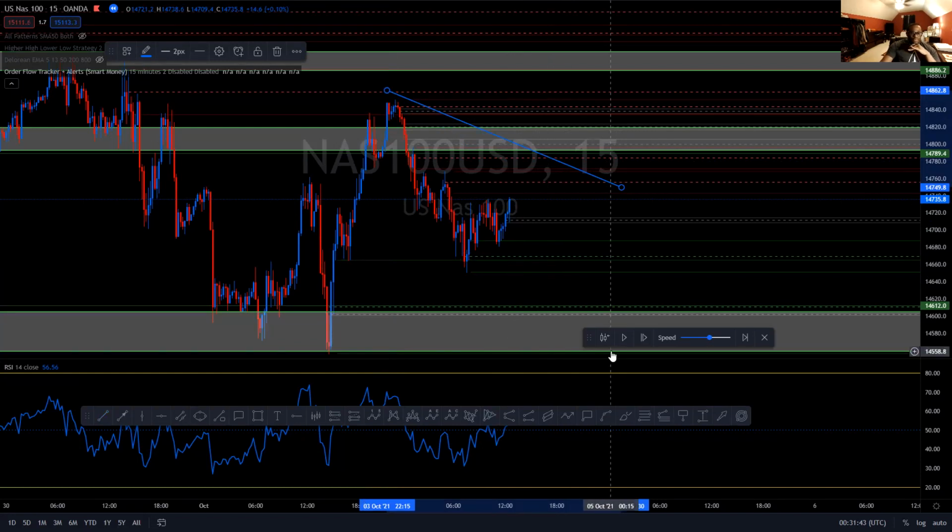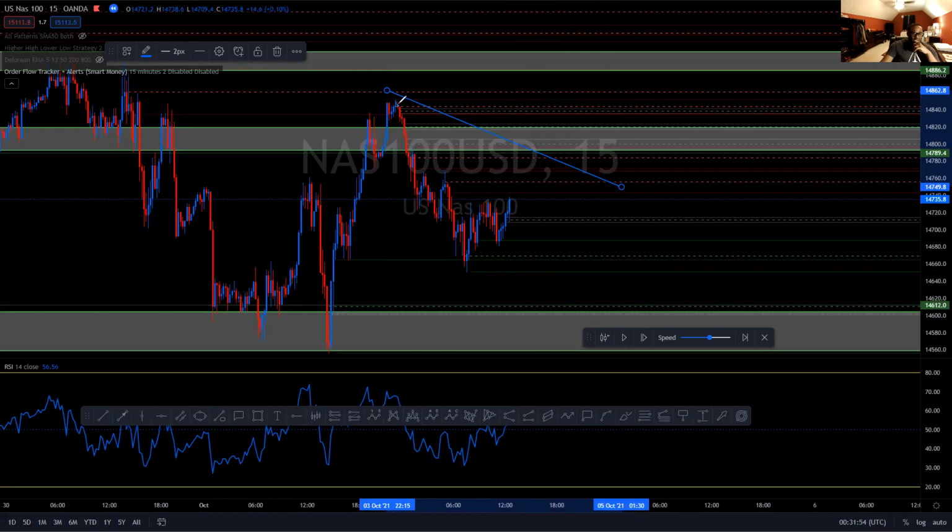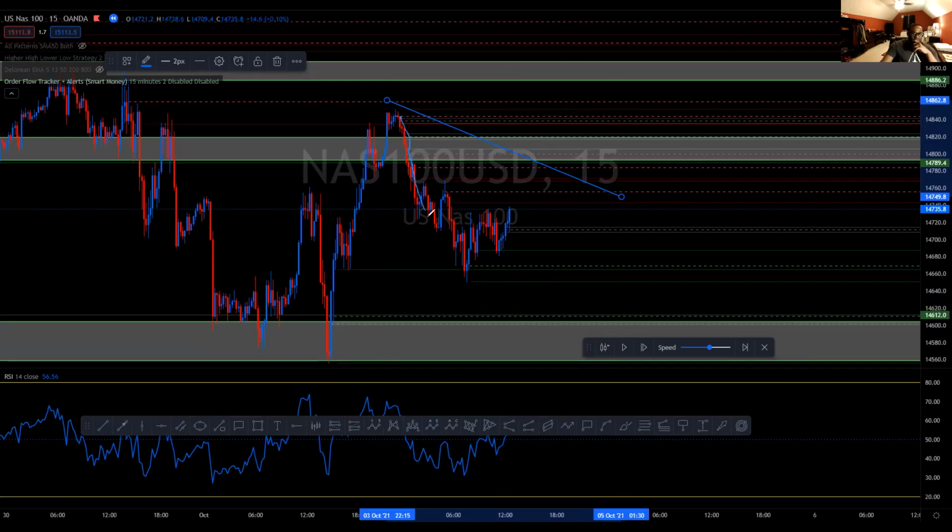So what we're going to do is we're going to see, now it's a possibility as well. And here's another thing. When the banks put in this sell order, price did come down and then come back up to this area to fulfill this sell order, and then made price go down to here.